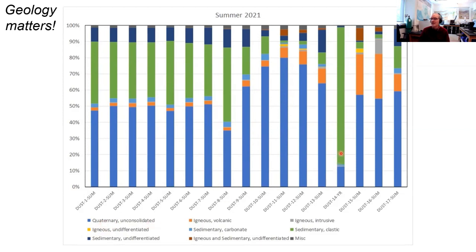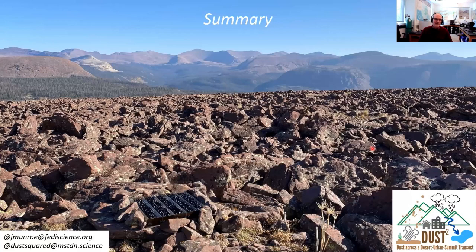Or dust 14 over here is mostly a green bar on this plot. It's mostly clastic sedimentary rocks, the rocks that we see in the canyonlands and so on, which are uniquely poised to be contributing to that site. I thought that was a really interesting conclusion.